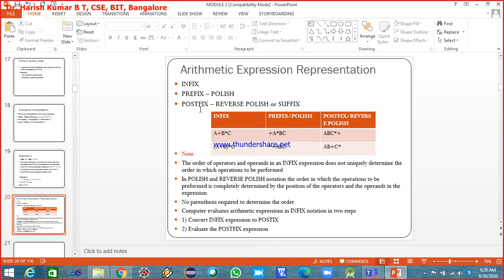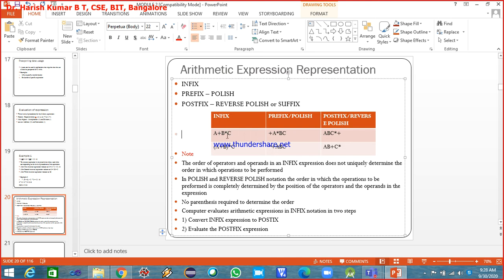If the operator comes after the operands, then we say it is postfix expression. I have the example here. Just have a look. Okay, so this is the infix expression. No doubt you can tell it is an infix expression. Now what is the prefix form of it? Just have a look here. See, again, plus and into. I have two operators.